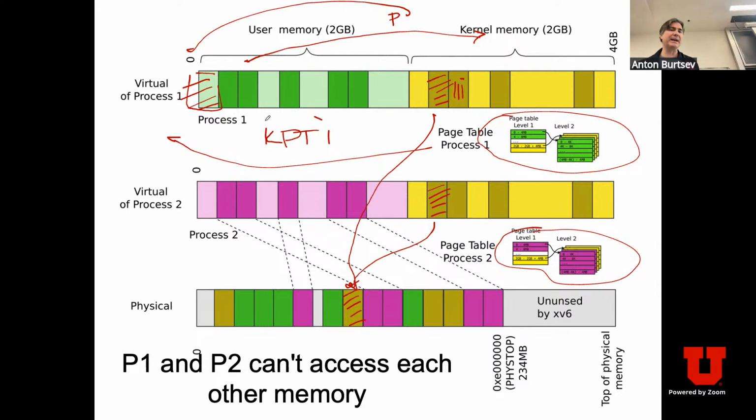That's to protect against Meltdown. It introduces significant performance overhead, but until the CPU designers fix Meltdown attacks in hardware, which they at this point did for major CPUs, this technique is there. So if you ever see KPTI, this is the idea: this part of the address space is not mapped into the user page table.